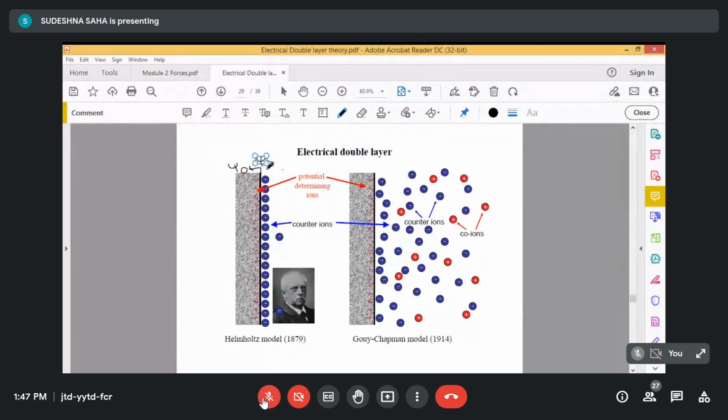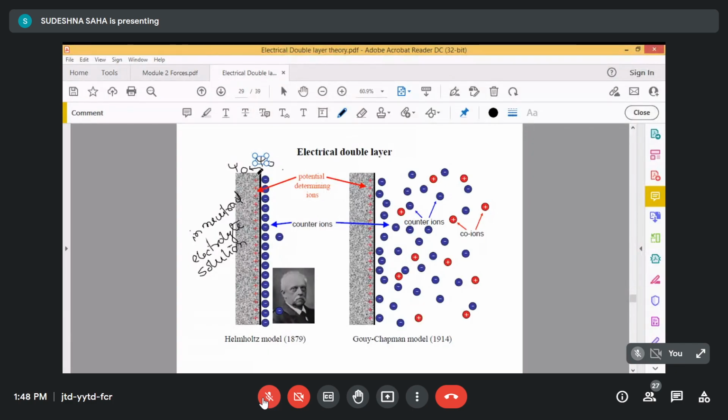This is the surface potential, and that is in a neutral electrolyte solution.